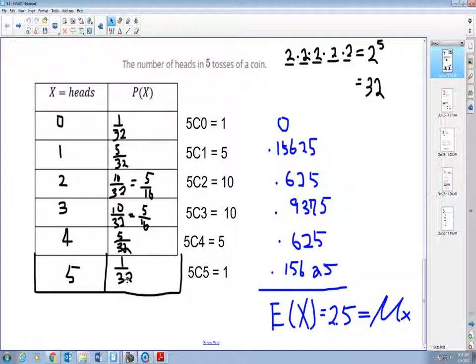So cumulative means if I want to say no more than 3 heads, that will be adding the probability of no more than 3. That will be adding all the probabilities from before, not these numbers.